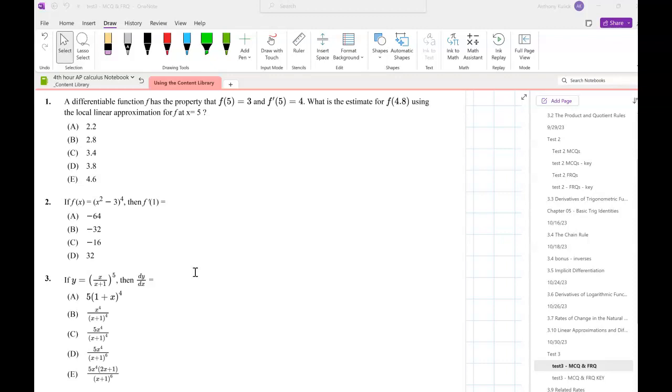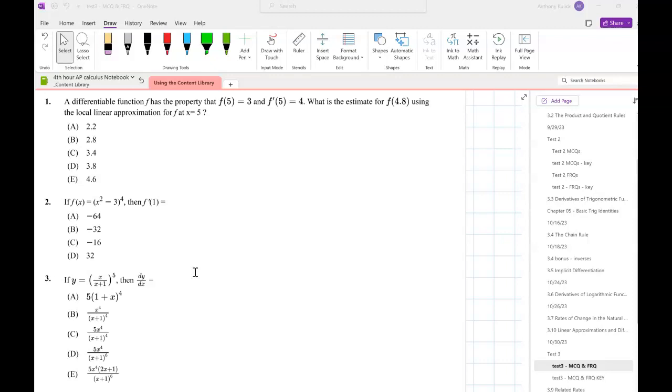All right, so looking at these, number 1 asks you to do a linear approximation. When you hear linear approximation, all you're doing is writing the tangent line. So I have a slope of 4, because the derivative at 5 is equal to 4, and the point 5 comma 3.